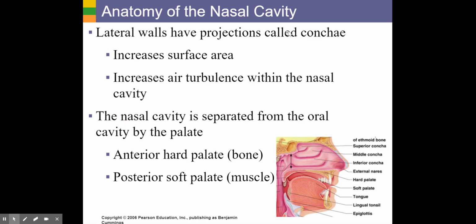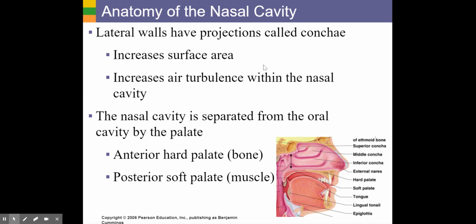The next thing we'll talk a little bit about then is the nasal cavity itself. So I mentioned these before, but there are some of these projections that stick out from the sides of the nasal cavity. They are called concha. All right, they're there for a couple different reasons. Number one, they increase surface area, so they allow for the ability to trap more dust and debris, and they also increase the surface area to warm that air.